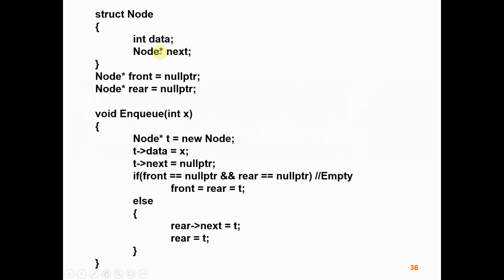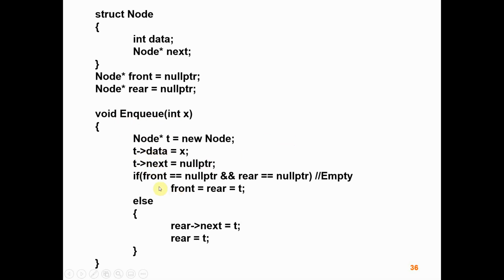This is the implementation of the enqueue function. Again, we saw that the front and rear are 2 pointers that we initialize as null, right? In the enqueue operation we allocate a new node, and we initialize the data and the next part of it, the pointer part.